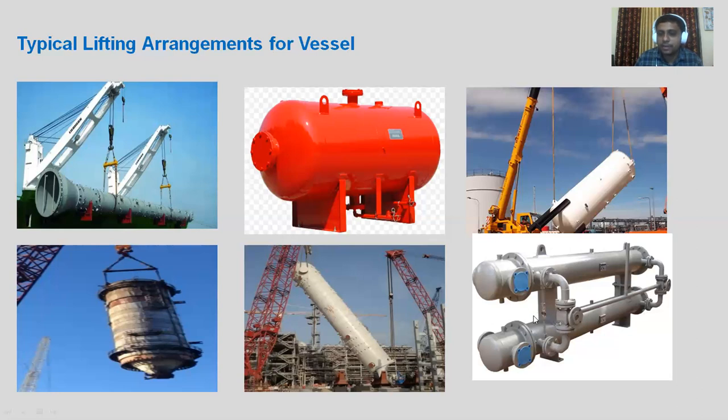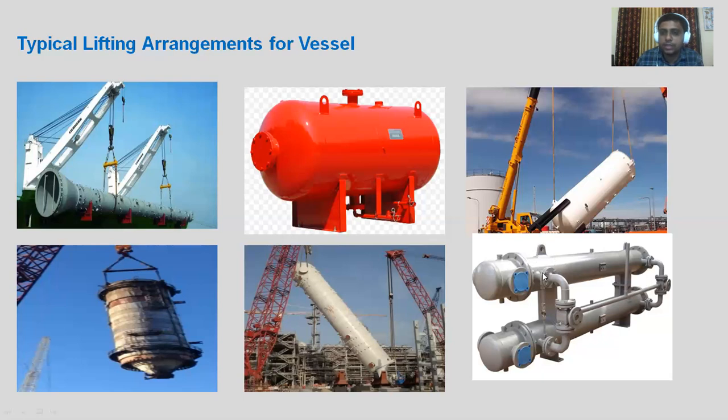Stack means it will be placed one over the other. There is one bottom heat exchanger, which will have its own saddle, and another equipment which will be placed on top of the bottom heat exchanger. This lifting lug will be used for lifting this entire stack heat exchanger.